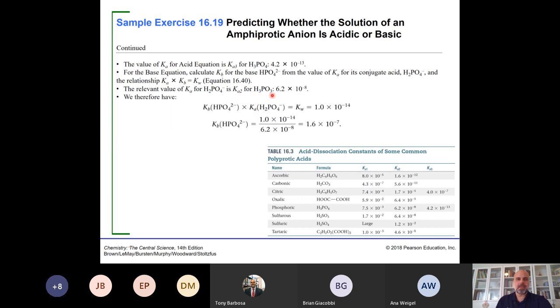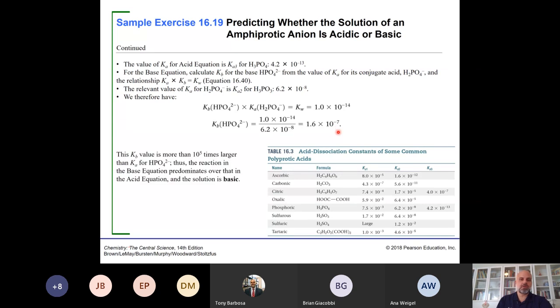And therefore, when we do the calculation, we have our Kb of the base that we're talking about times the Ka of its conjugate acid is equal to the Kw. We simply plug in. We don't know the Kb here. We do know that the Ka is 6.2 times 10 to the minus 8. We plug that into the equation, so we have 1.0 times 10 to the minus 14th divided by the Ka gives us our Kb of 1.6 times 10 to the minus 7.